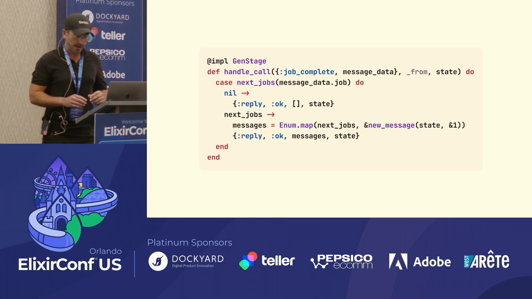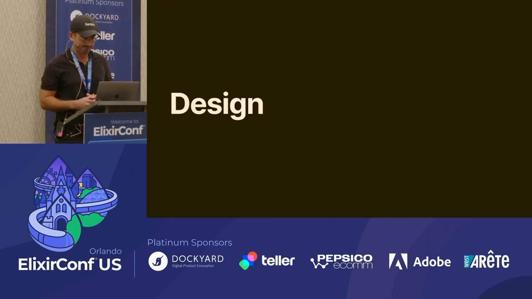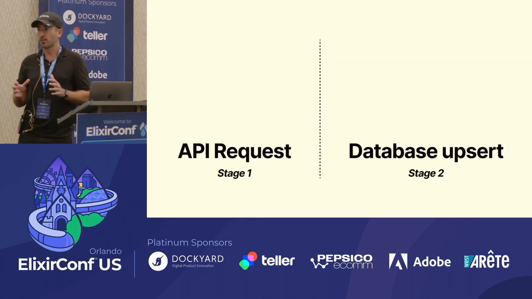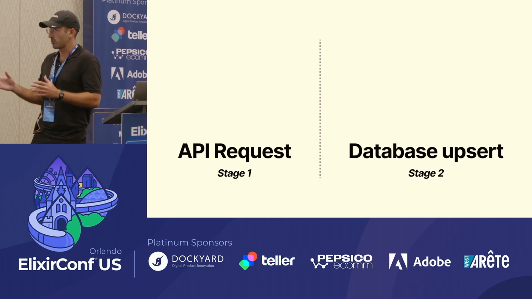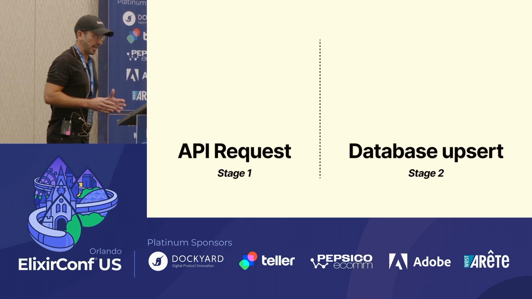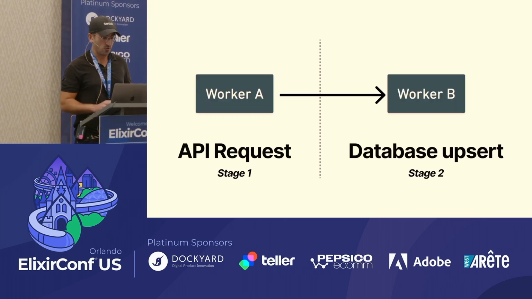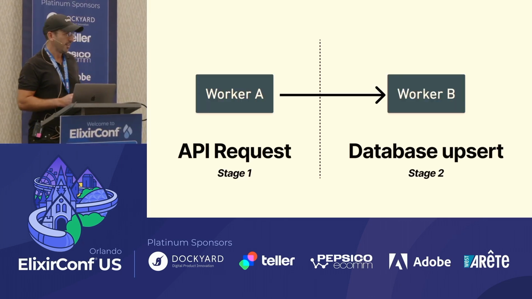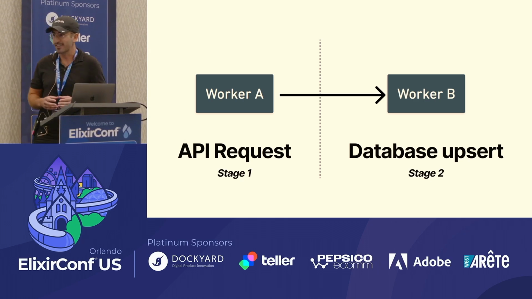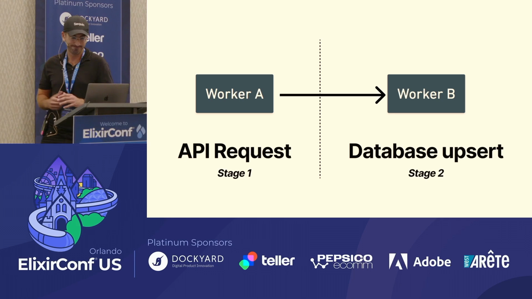Let's talk a little bit about the design of this pipeline. There are 2 stages in this example and what we're doing at Sequin. We have the API request and then the database upsert. And you might be tempted to think, well, I can have one worker do my API request and another worker do my database upsert.